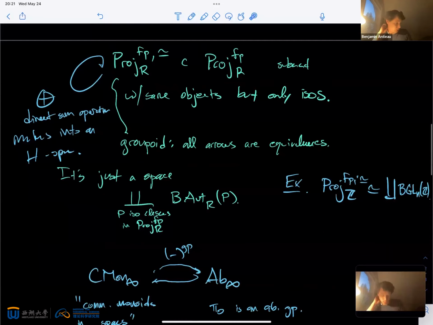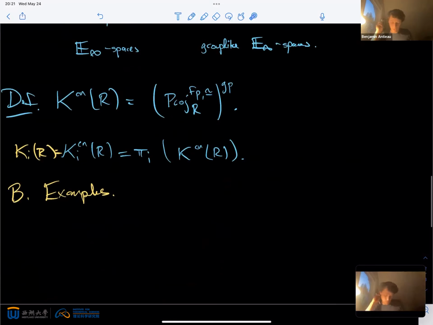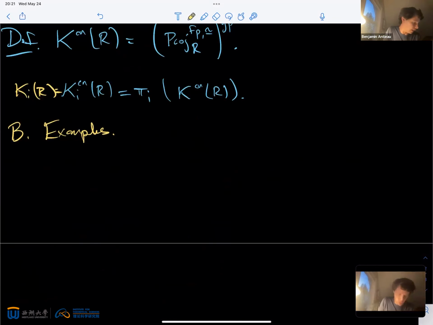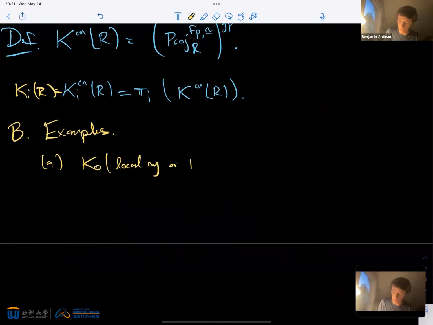And now, yeah, so let me give some examples. So if R is a local ring or PID, then K_0 is Z. So this includes the case of fields, includes the integers.